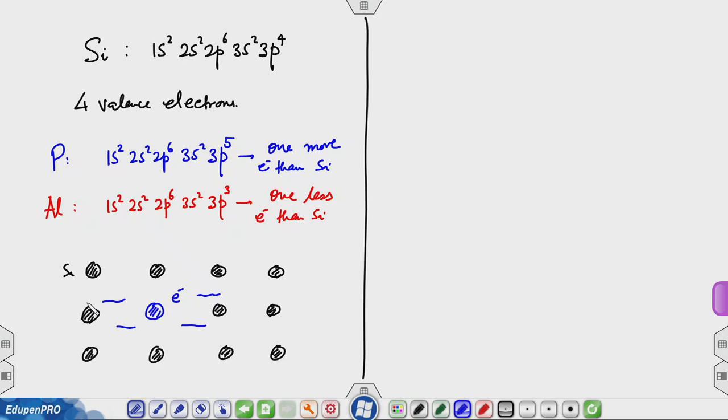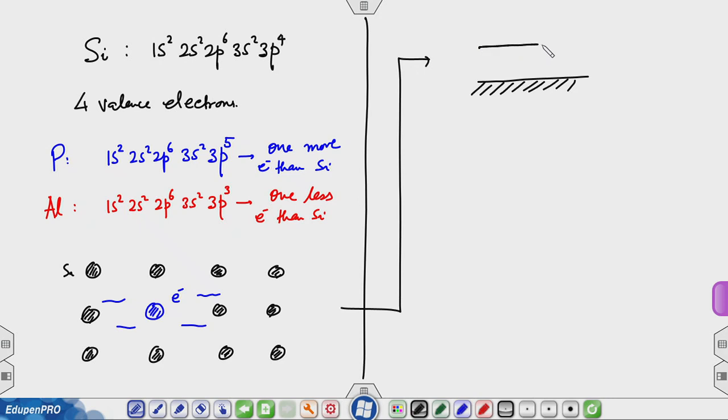And where does it go? Let us look at the band picture. When valence band is full and conduction band is empty, this extra electron has nowhere else to go, but will go to the conduction band.